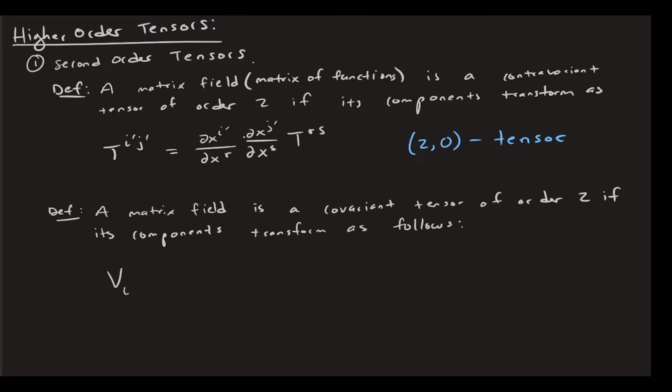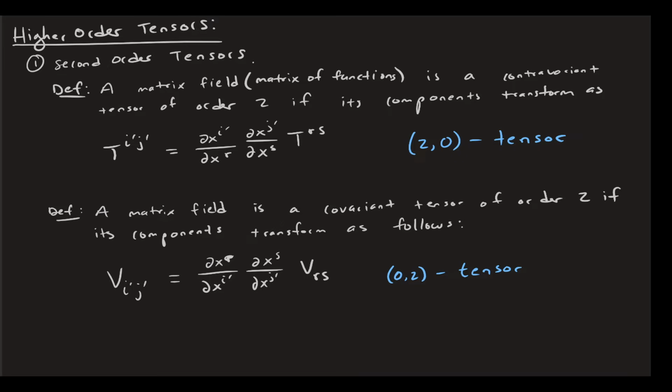V i prime down, j prime down equals partial x r up over partial x i prime down, partial x s up over partial x j prime down, V r s down. And we call that a 0-2 tensor, because it has 0 contravariant indices and 2 covariant indices. So it's a 0-2 tensor.